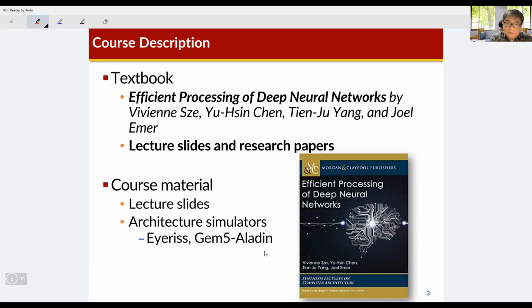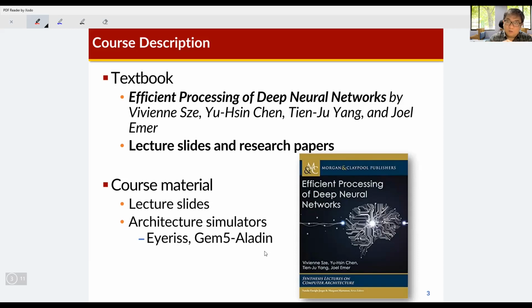So this is the textbook of this course. I will mainly use Efficient Processing of Deep Neural Networks, written by Vivienne Sze, Yu-Hsin Chen, Tien-Ju Yang, and Joel Emer. Vivienne Sze is an MIT professor, and she is very famous for designing neural network hardware.